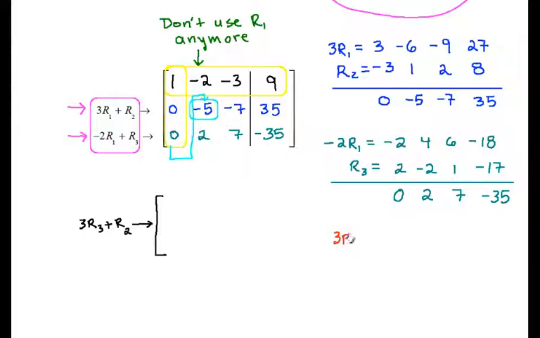3 times row 3, multiplying each of these by 3, I get 0, 6, 21, -105. And for row 2, I have 0, -5, -7, and 35.